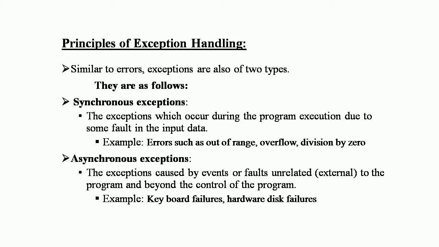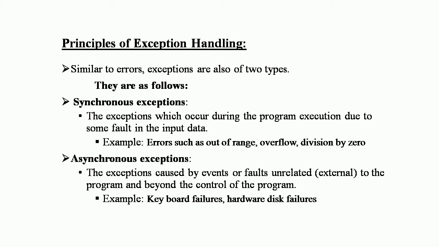How many types are there? Different types of exceptions. Second slide, principles of exception handling. Similar to errors, exceptions are also of two types. They are as follows: synchronous exceptions and asynchronous exceptions.